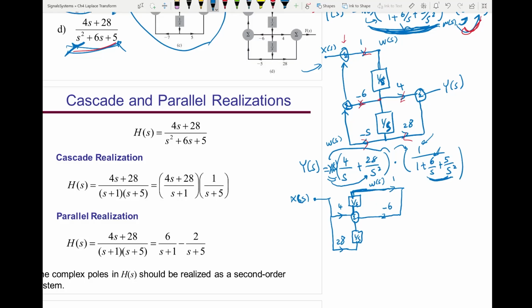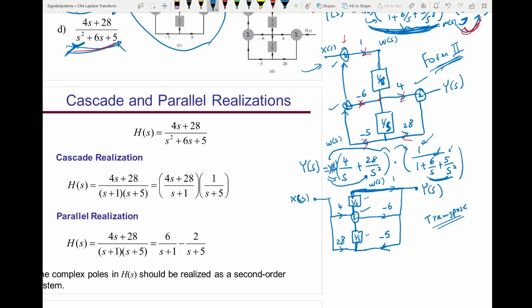Then a second integrator with amplification -5, and it goes to this integrator, then a second integrator and back, and that will be the output Y of s. So this is form 2 realization, and this is the transpose realization of form 2. Here I have 1 summation, here I have 3 summations.